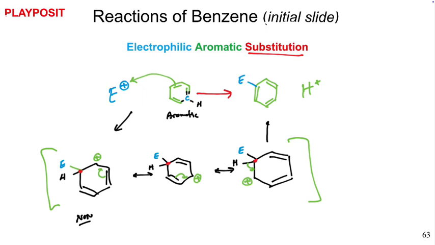Or we could look at the aromatic ring. The aromatic ring wasn't particularly reactive to begin with. It wasn't a good, strong nucleophile because it didn't have a lot of electrons. They were all occupied in resonance. But if I could alter that structure to put more electrons in, I could speed it up. So how could I alter that structure?